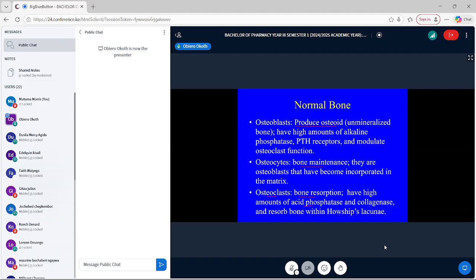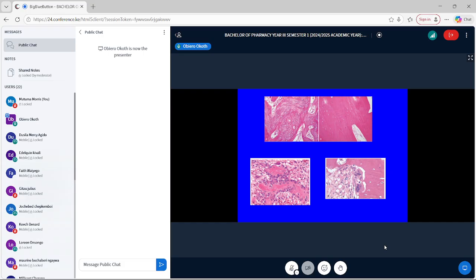High amount of acid phosphatase and collagenase so that it can break down whatever has been made by the osteoblast. So that is basically the one that makes sure that bone is not excessively laid down. They tend to be multinucleated, as we are going to see. These are osteoclasts. So bone laying down, bone being maintained, bone being resorbed, or bone resorption.